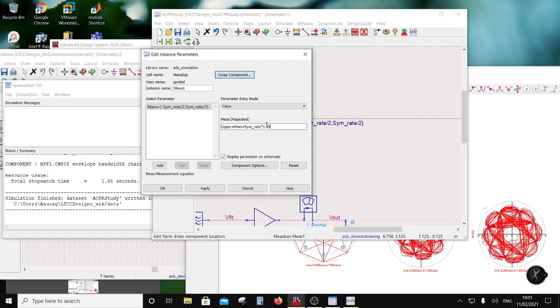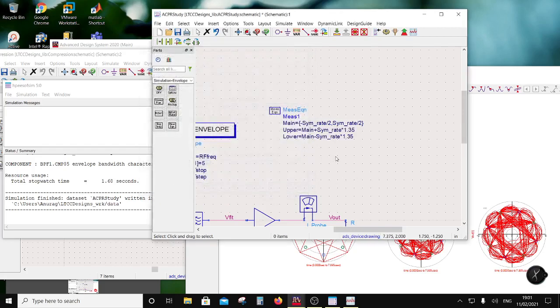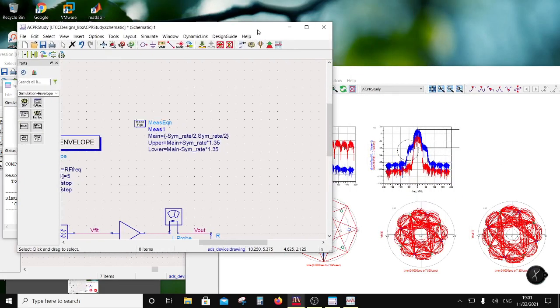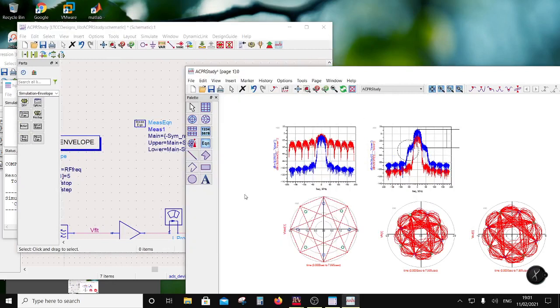Because 0.35 is from the filter. So I will say add, and then the lower is going to be minus, add. Okay, so this is done. Here I have specified 3 different channels.